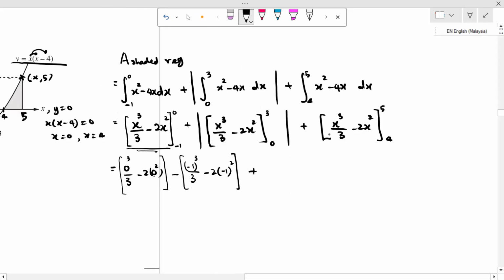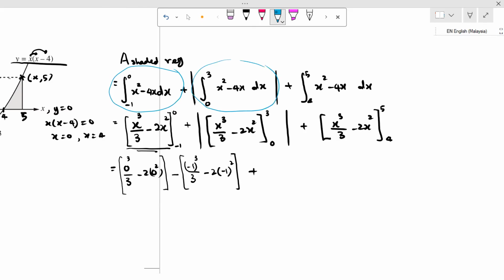Now if you are impatient when the calculation or the working seems to be so many lines, so many things to write, then I would suggest you separate them. You do one by one. Do this one first, then you do this one, but you must remember to add them together. Then maybe you will not be so impatient or agitated.